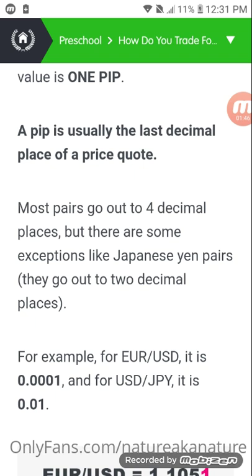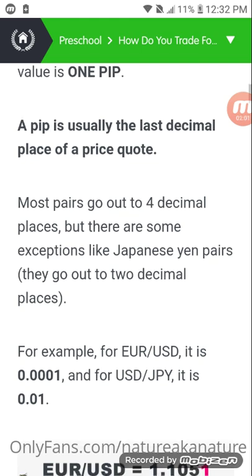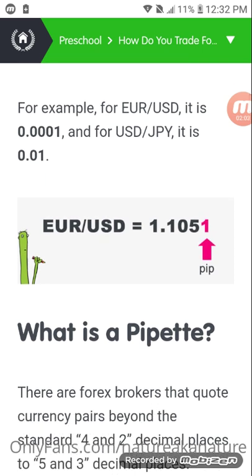So JPY and USD are a little different. JPY is 2 decimal places over to find the pip, and 4 decimal places over if it's USD. This is EUR/USD at 1.1051. From 50 to 51 is 1 pip.